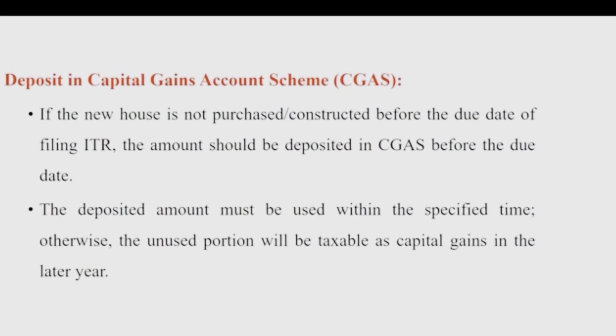This deposit ensures the taxpayer can claim an exemption under Section 54 or Section 54F of the Income Tax Act. Now, coming to the utilization of the deposited amount, the taxpayer must utilize the amount within 2 years for purchasing a new house or 3 years for constructing a new house from the date of sale of the original asset.